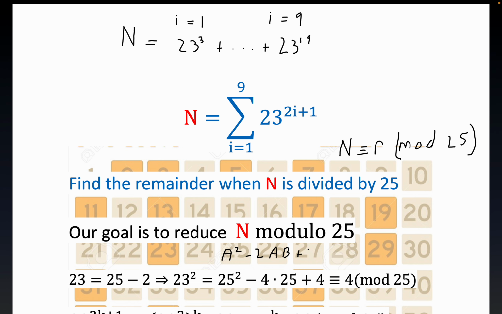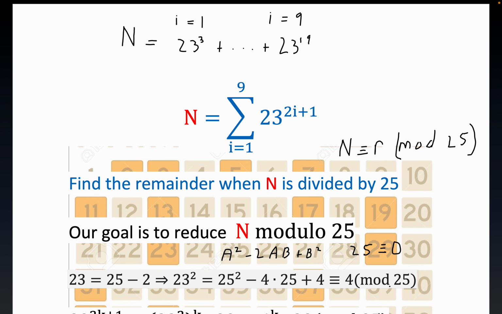And you're also noting the very simple truth that 25 is congruent to 0 mod 25. 25 minus 0 is divisible by 25, right? So 25 is congruent to 0 mod 25.